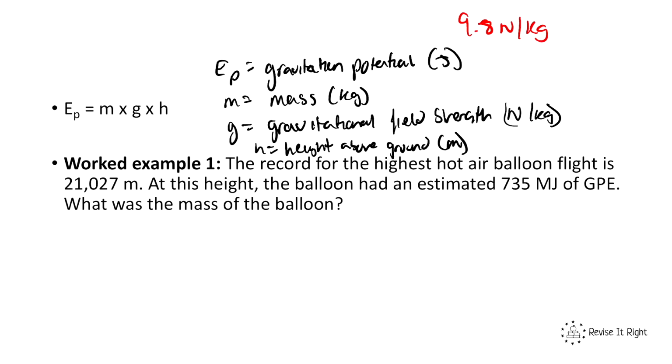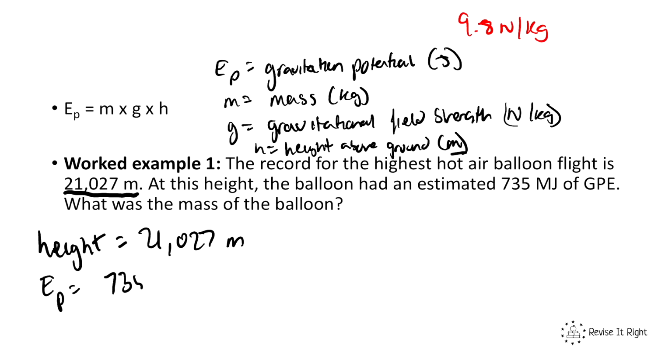So first thing we need to do is write down all the numbers that we've got. The height above the ground was 21,027 meters. That is the units we needed, so we can leave it there. The balloon had an estimated gravitational potential energy of 735 megajoules of GPE.